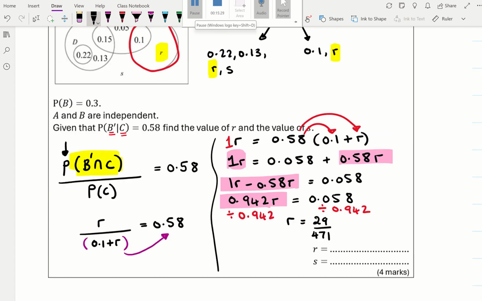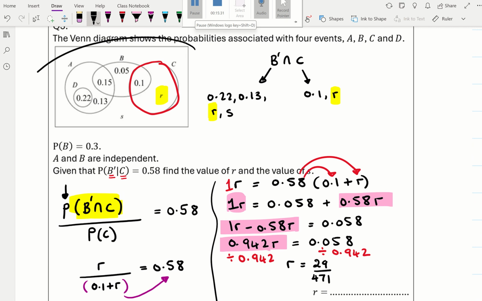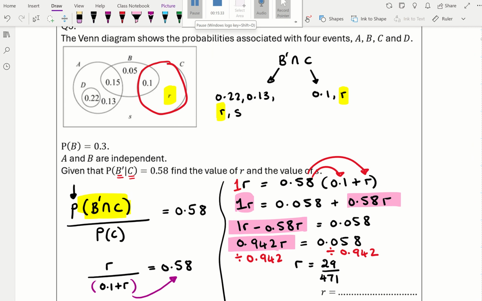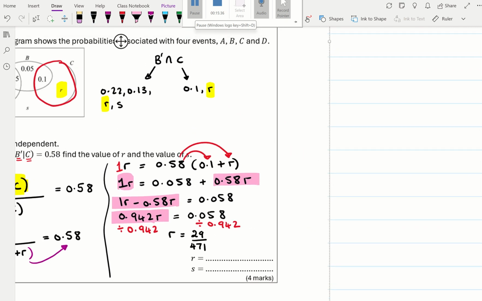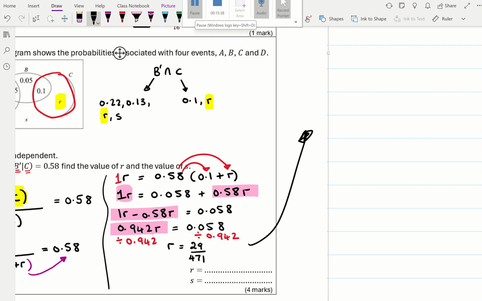Now that I have R, I know that all of these probabilities add up to 1, so I can find S. That's a bad arrow.